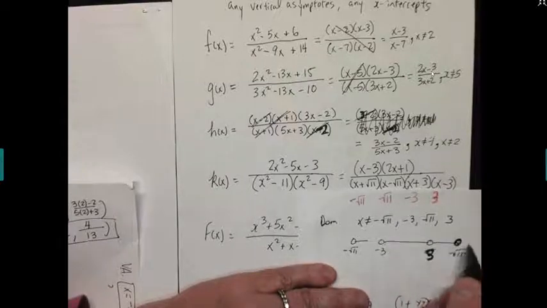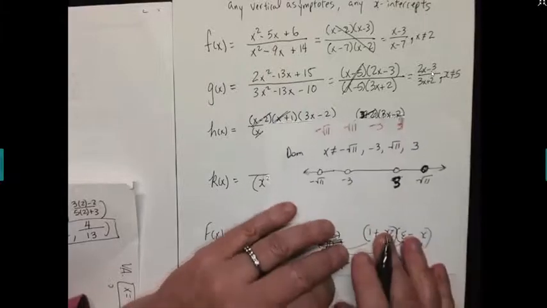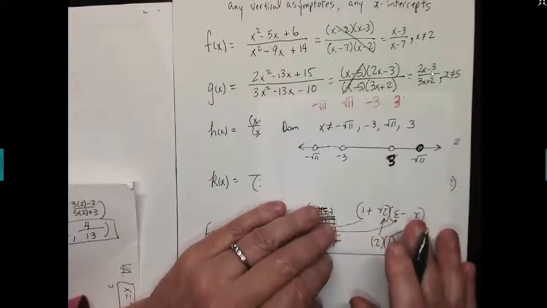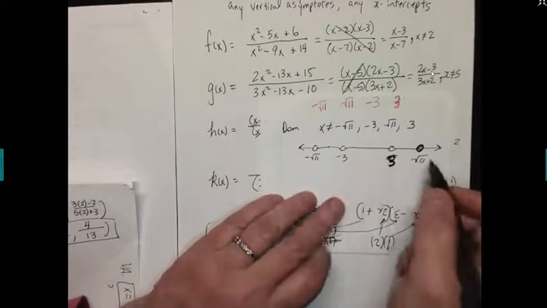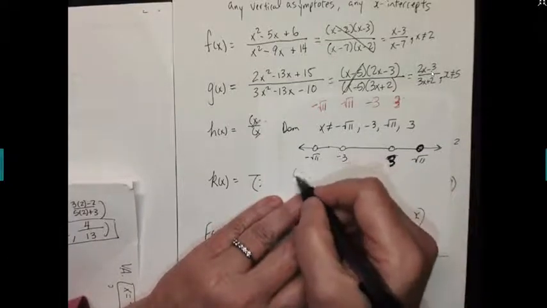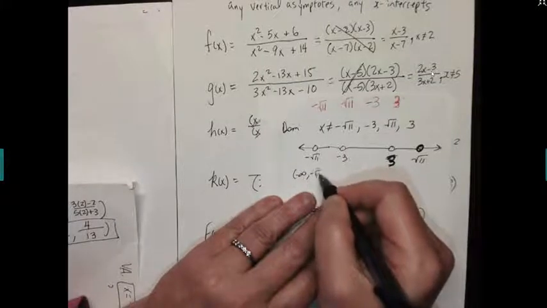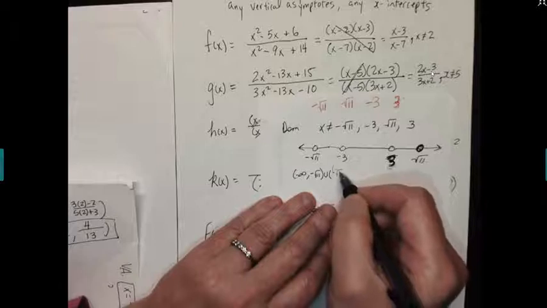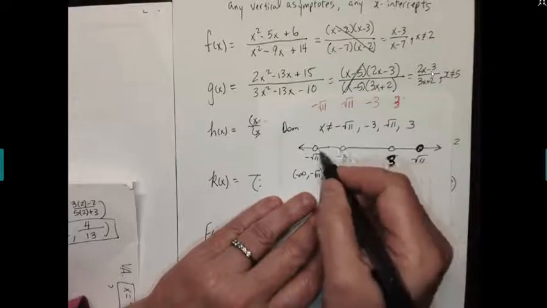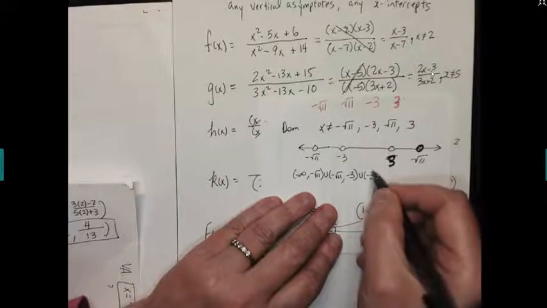Now, why do I have them on the number line? Well, if you're not used to interval notation, and they want you to put it in interval form, then it's easier to see if you have it on a number line. So going from left to right, we got to jump over the negative of the square root of 11. Then anything between there and negative 3, but you got to jump over negative 3.